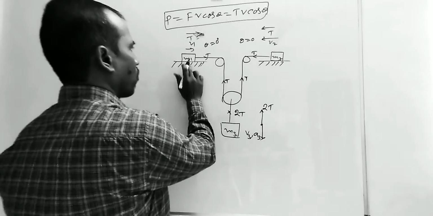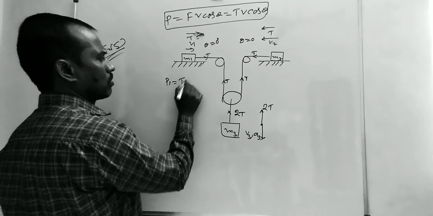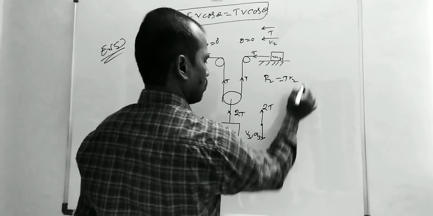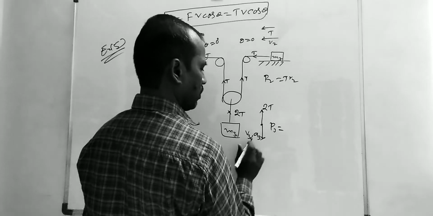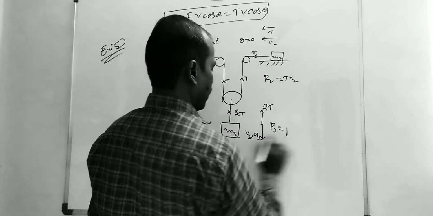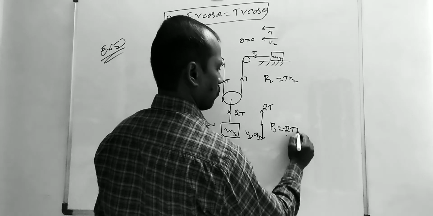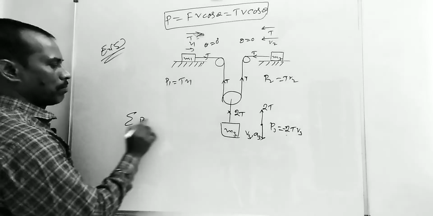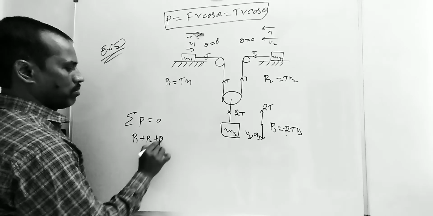So the power of block M1, P1, with 0 degrees, is equal to T v1. P2 with 0 degrees is T v2. For M3 the angle is 180 degrees, so P3 is equal to 2T times minus v3. The net power, the summation of P, is equal to 0: P1 plus P2 plus P3 is equal to 0.